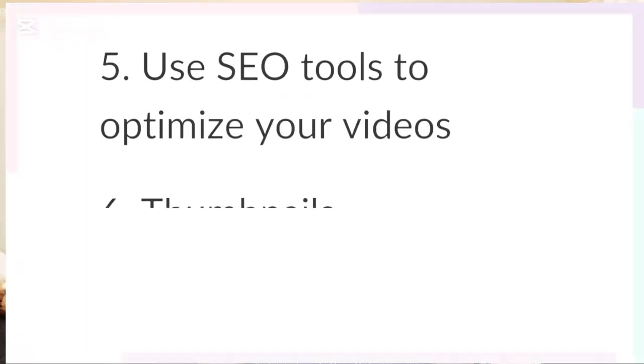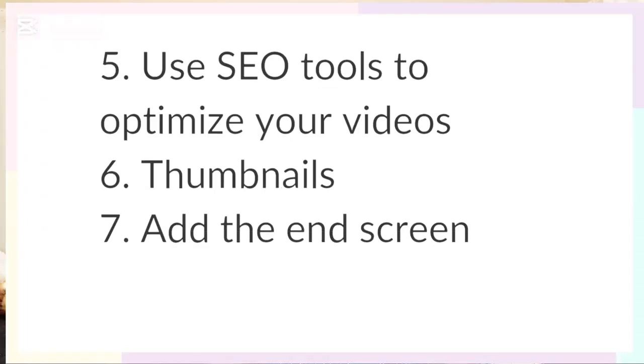Before you publish, you have to add the end screen. You can do this from YouTube Studio, and you add the end screen based on what you'd like to put. For me, I use ready-made templates, where you have either a video or related video and the subscribe button.